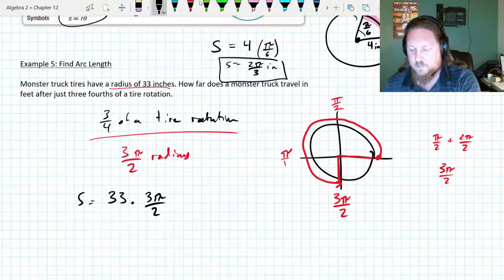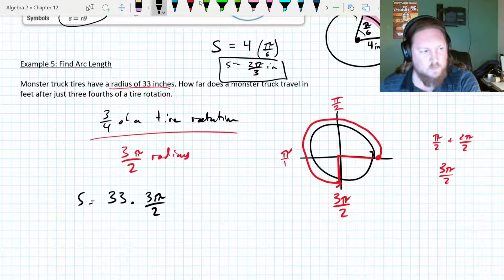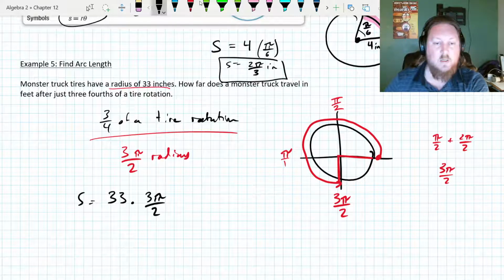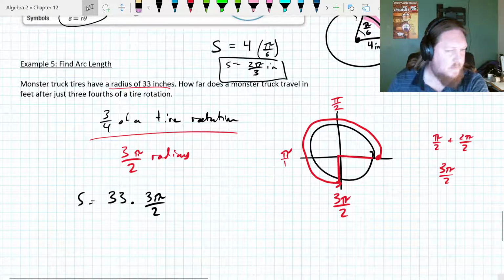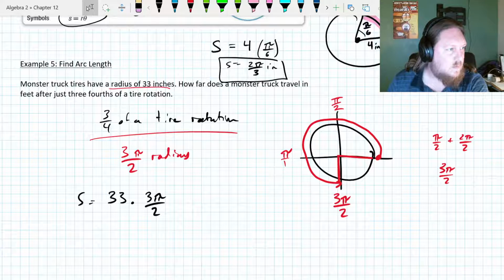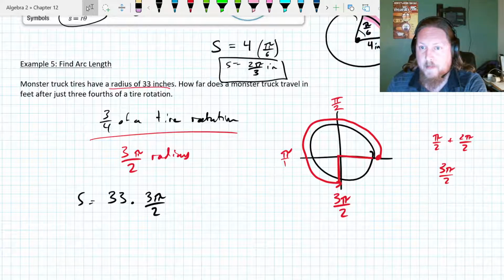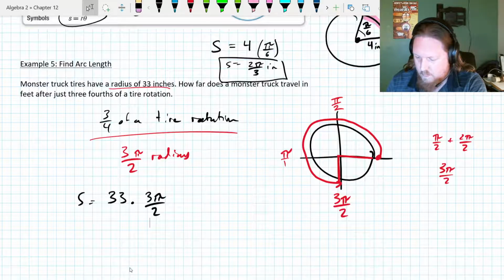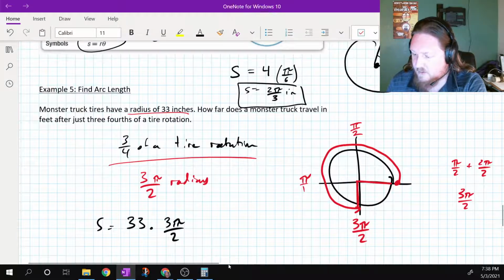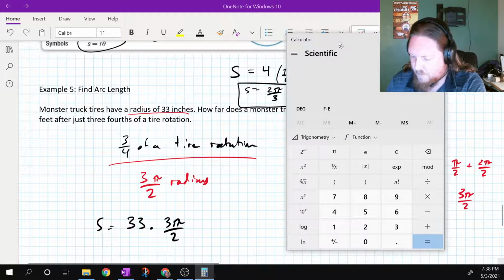So 33 times 3. I might pull out the calculator for this one. We'll pull out the basic calculator, though, since we're not using sine, cosine, or tangent. It's nice to have a little break from those for a night. Okay.